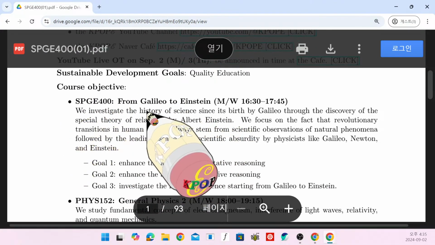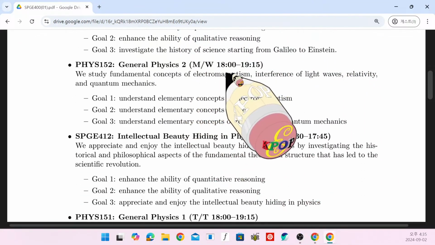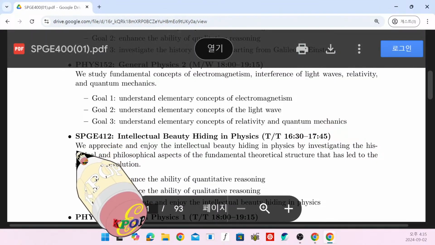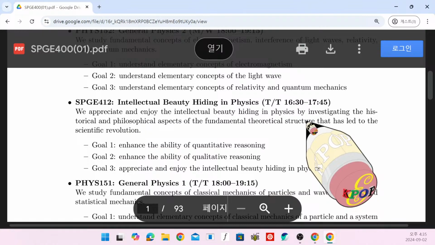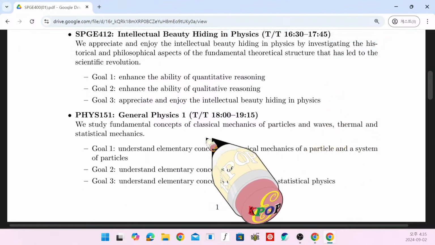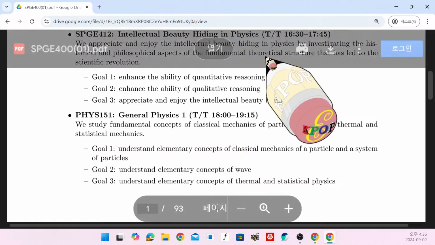Our courses are from Galileo to Einstein, General Physics 2, from 6 p.m. And Intellectual Beauty is tomorrow at the same time. And General Physics 1 is after that.